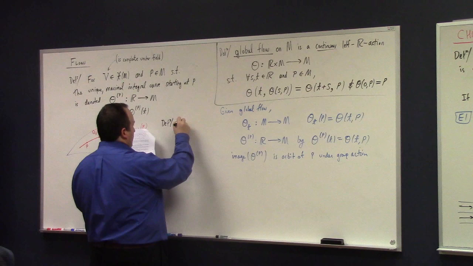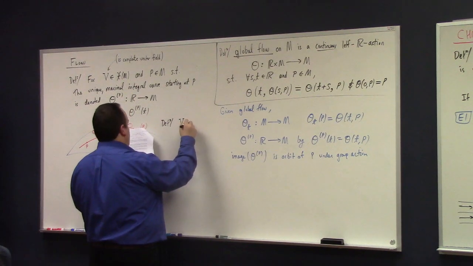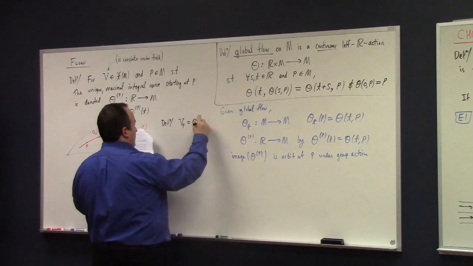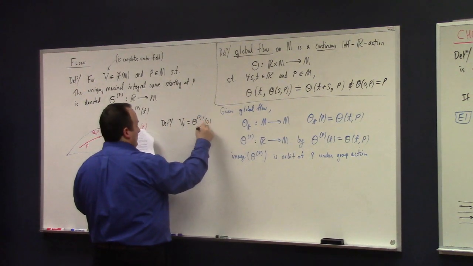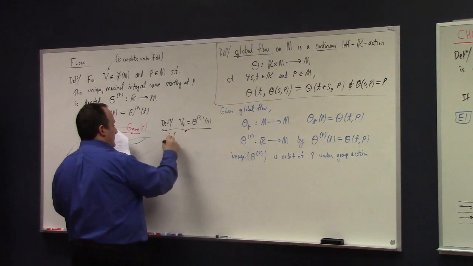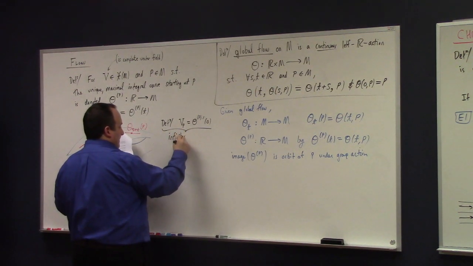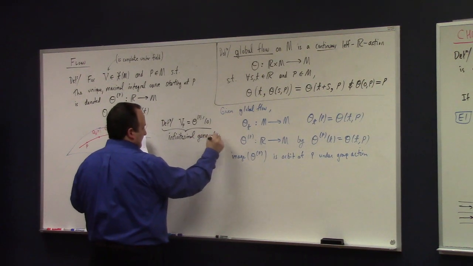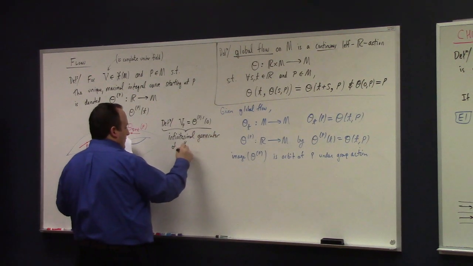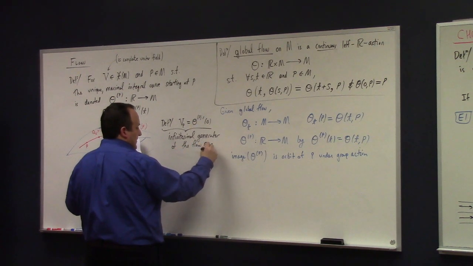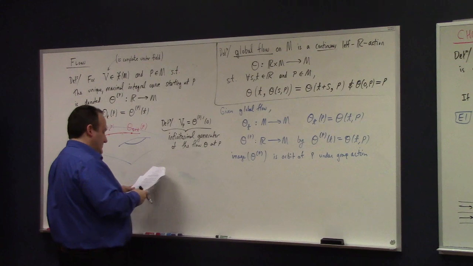Definition: V_P equals theta upper P prime of 0. So this is the infinitesimal generator of the flow theta at P, let's say.